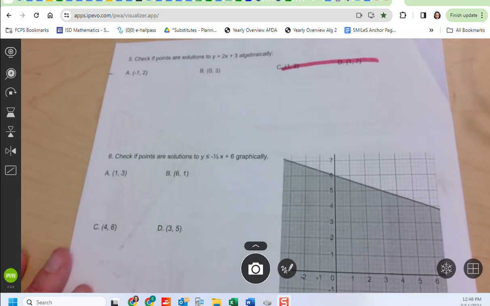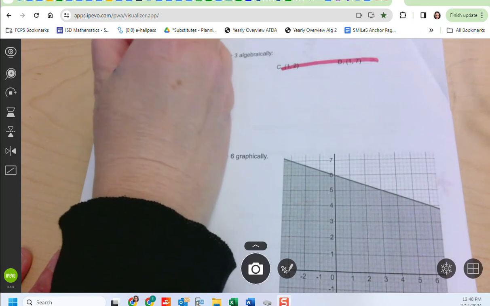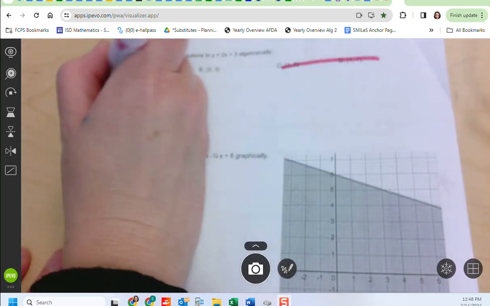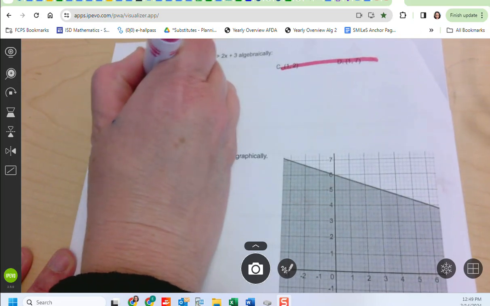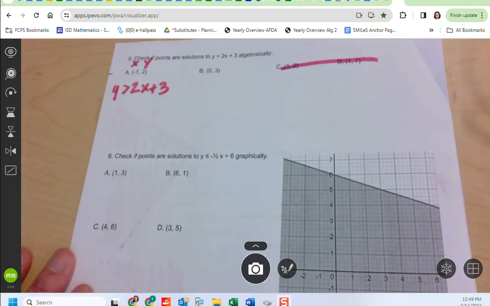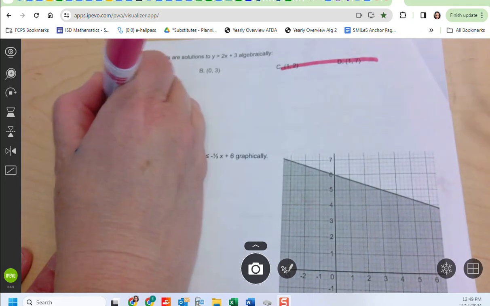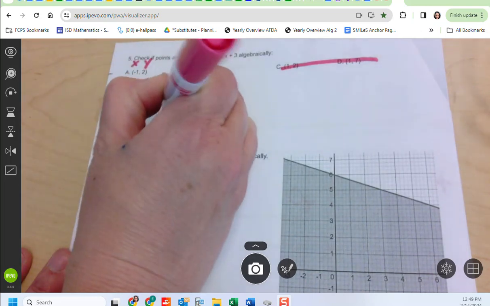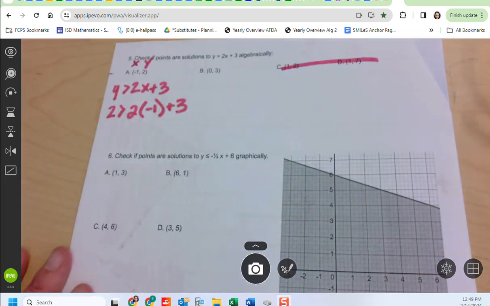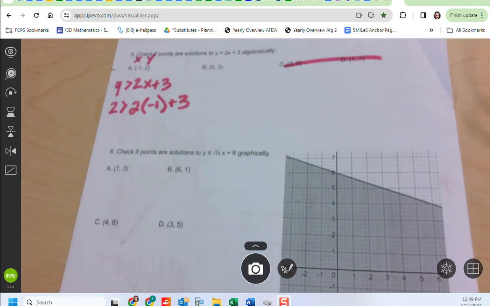For x, thanks. And this is going to go for y. So I'm going to write y is greater than 2x plus 3, and I'm going to substitute the 2 in. And now I'm going to figure out if it's true.